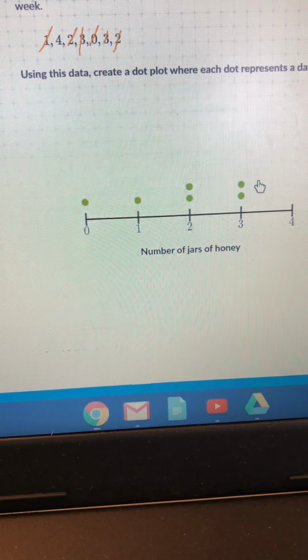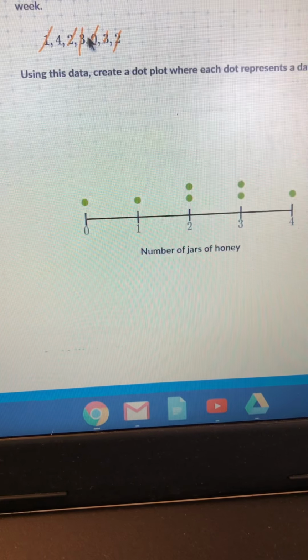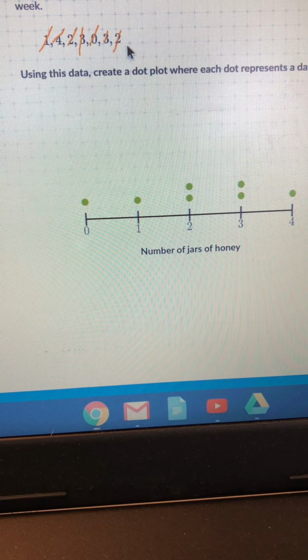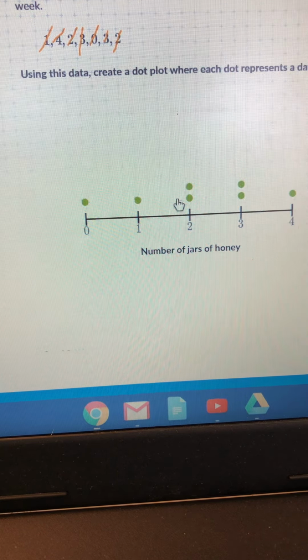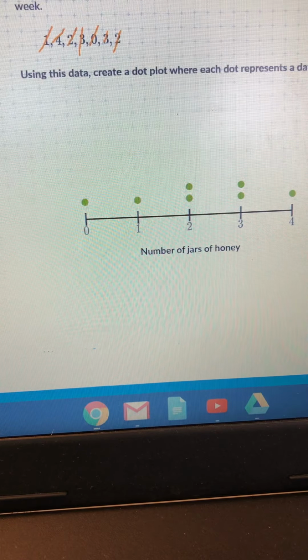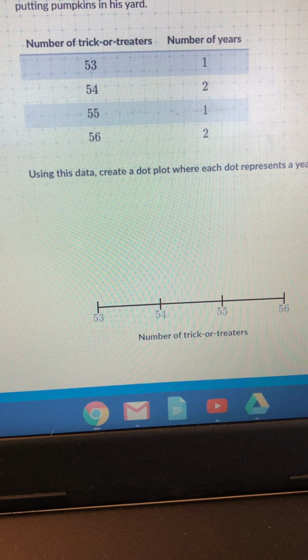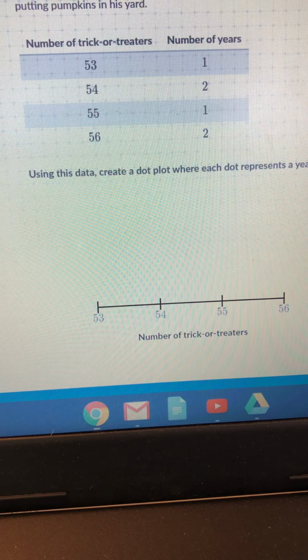Cross those guys out, and I need 1 dot on the 4. Cross that out. All right, so I had 1, 2, 3, 4, 5, 6, 7 days. Here's 2 days, 3, 4, 5, 6, 7 days, and I should be good to go. Okay, always double check. Sometimes when you're clicking, you're not really fully paying attention and you can get an extra dot like what happened with me.